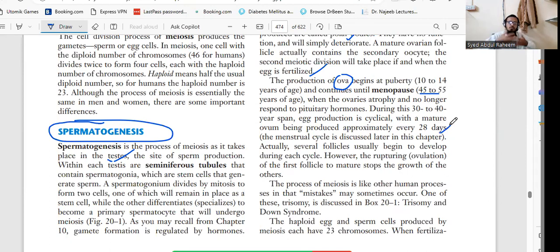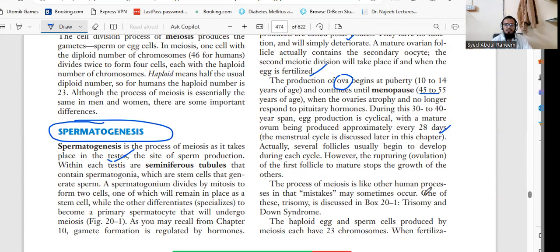So an ovum is produced every 28 days. Actually, several follicles usually begin to develop during these cycles. We'll discuss in detail in the female reproductive system. However, the rupturing of the first follicle to mature stops the growth of the others.